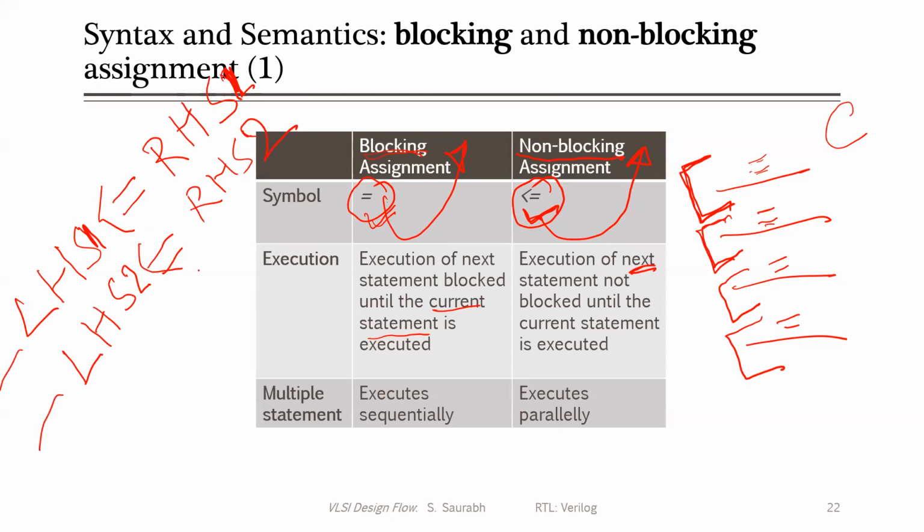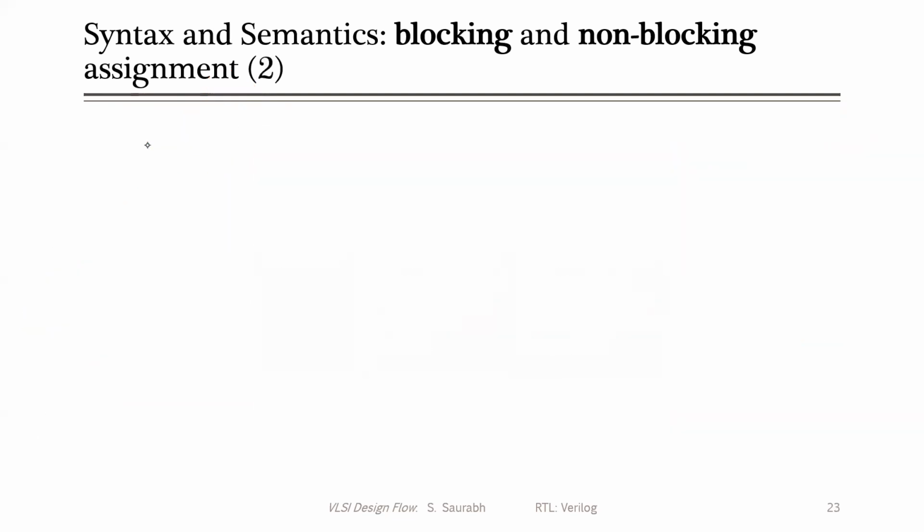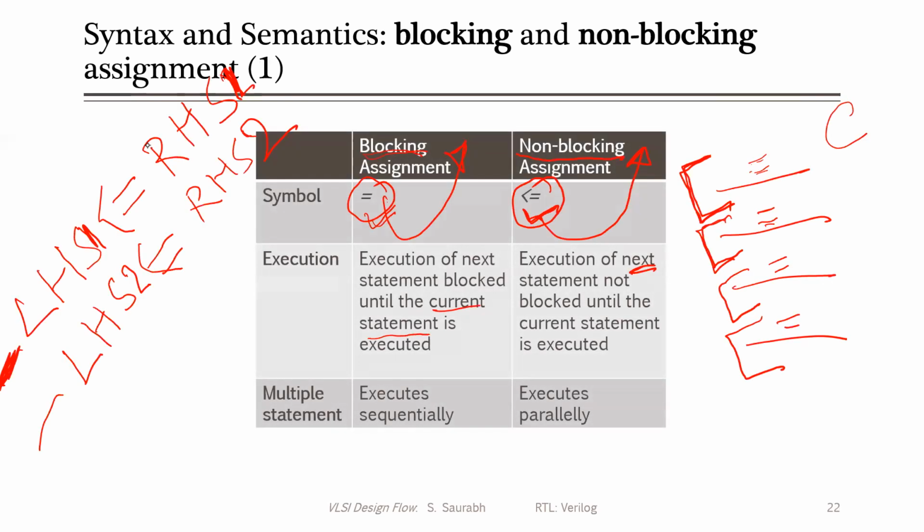What it means is that when the first statement is executed, only the right-hand side of this non-blocking assignment is evaluated. The LHS is not yet updated, and it goes to the next statement.